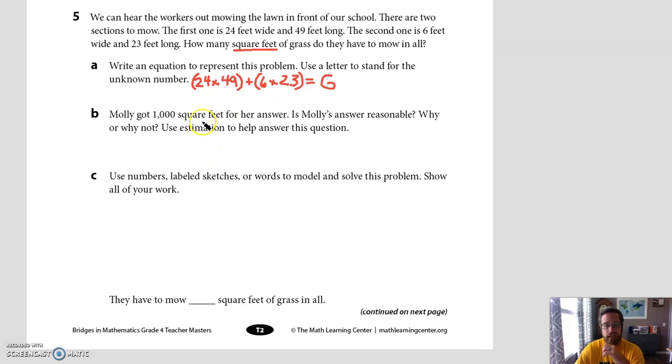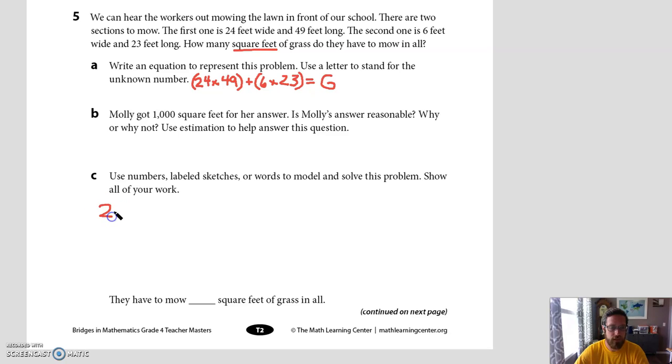Maybe that's what they're getting at, that she only did this estimate and forgot that one. So I'm going to say her estimate's probably not correct, but I'm more focused on solving the problem. I'm going to do one using a ratio table and one using standard algorithm multiplication. If you want to pause the video here, that would be a great time. Do the multiplication on your own and see if we come up with the right answer.